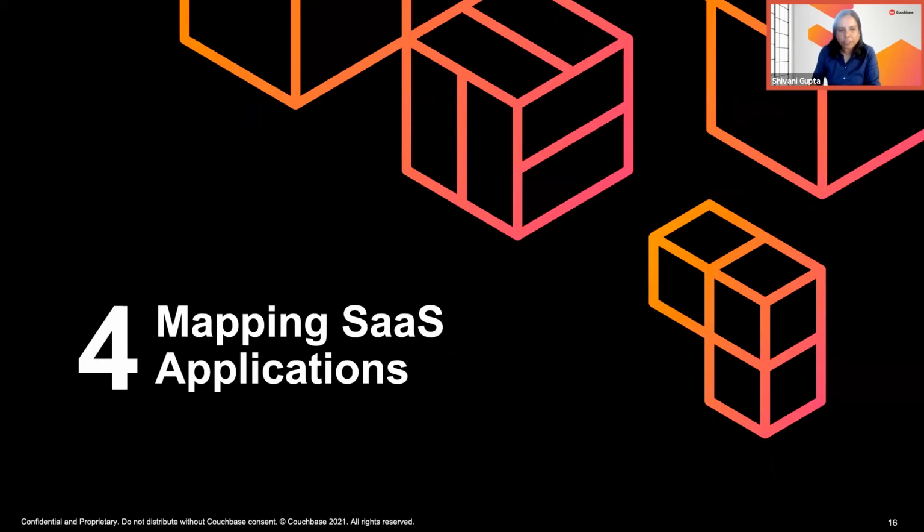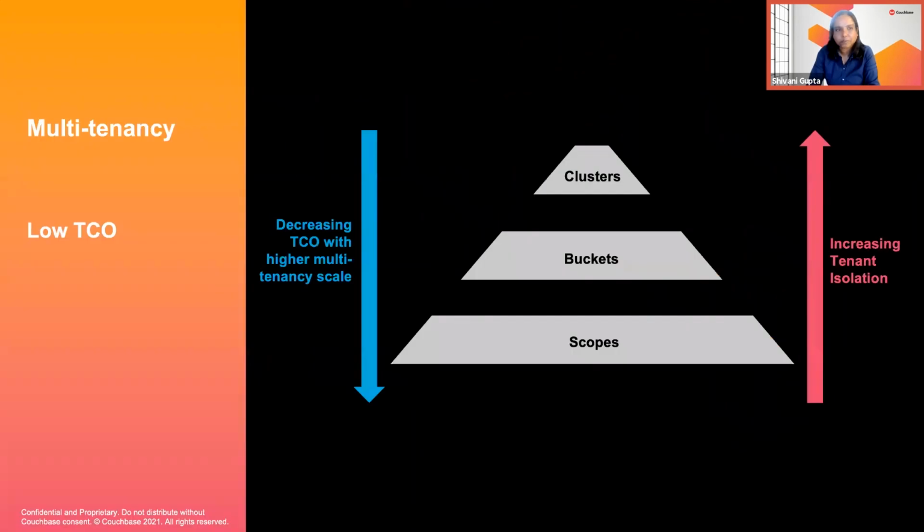Okay, so now let's switch gears to managing SaaS applications. SaaS is just another term for multi-tenant applications, which are offered as software as a service. Multi-tenancy is usually a toolkit approach, and that is how we at Couchbase view it as well. We offer you various choices for your multi-tenant architecture, and there is a trade-off between total cost of ownership, TCO, and isolation.